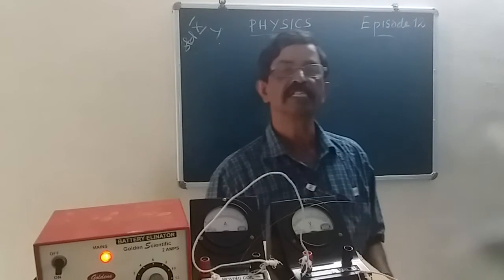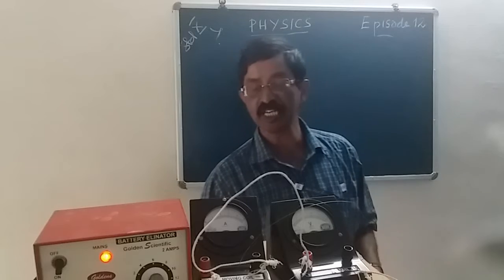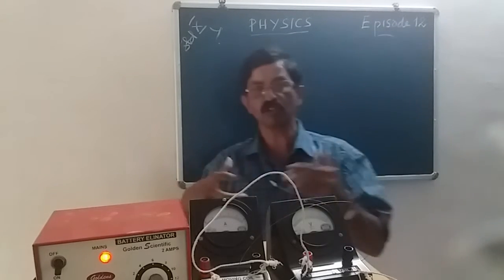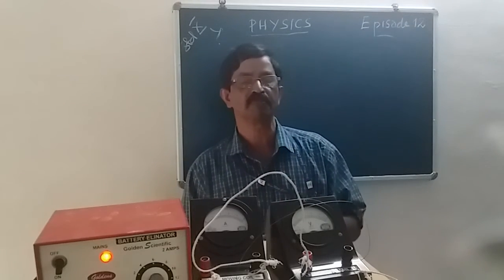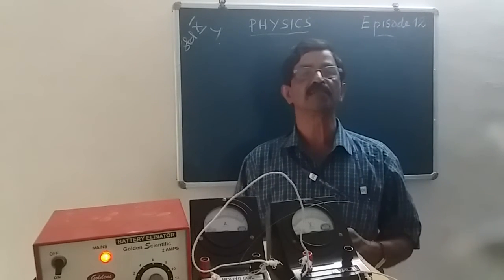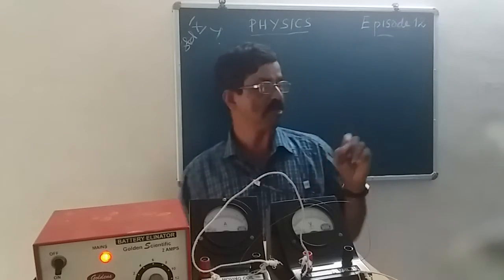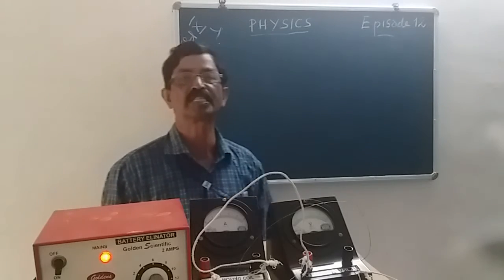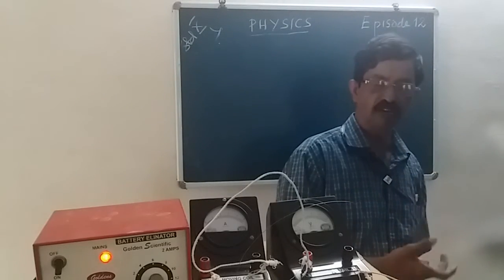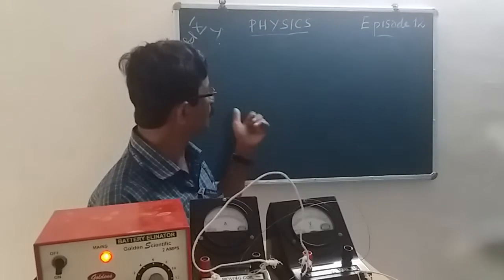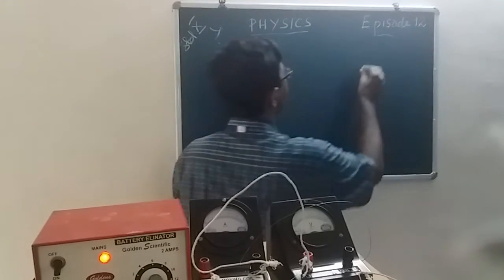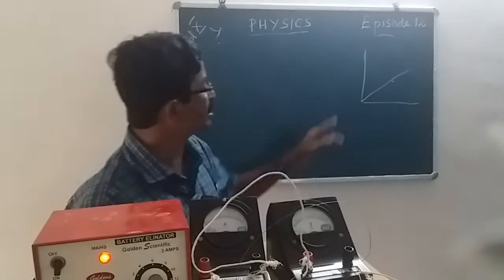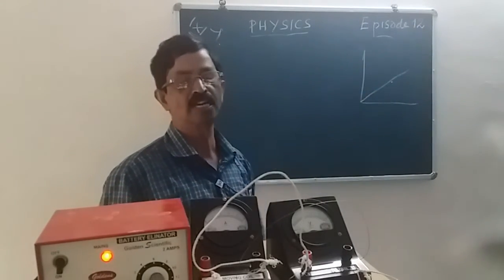That graph is a straight line, but one condition is given there: temperature must remain constant. Materials that obey Ohm's law are called ohmic resistors. Most materials obey it, but some do not. When the graph is a straight line, that resistor is called an ohmic resistor.